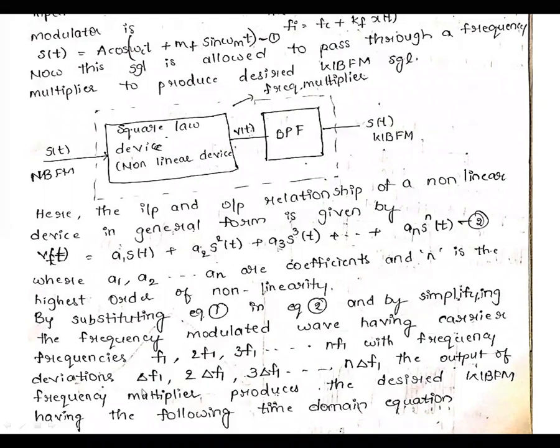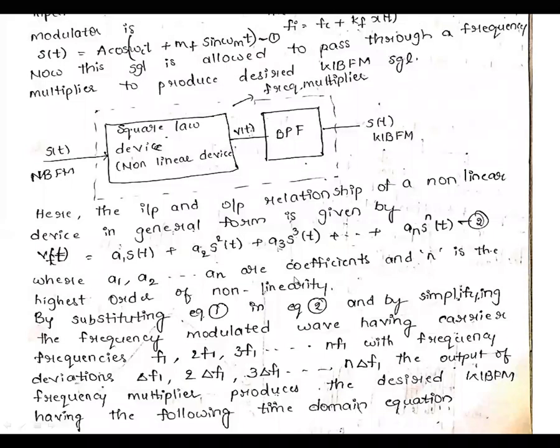The first frequency deviation is del f1, the second is 2 del f1, the third is 3 del f1, and so on. These are the frequency deviations with respect to f1, 2f1, 3f1, and so on. These frequencies arise from the coefficients A1, A2, A3, and so on. This is the indirect relation.